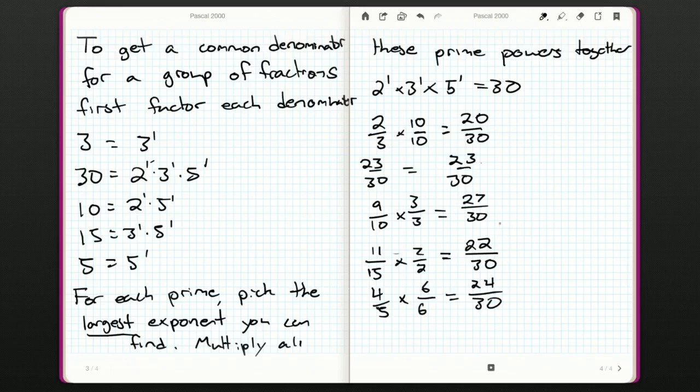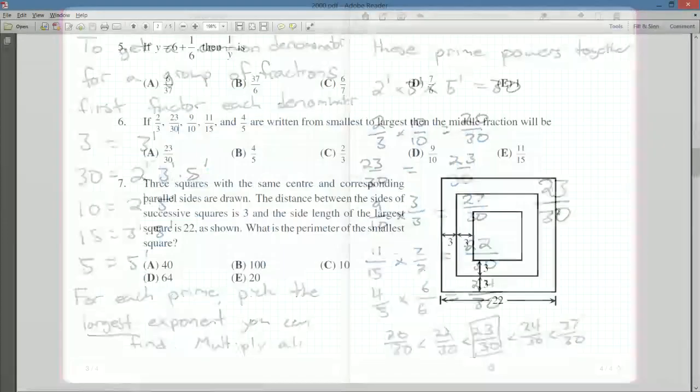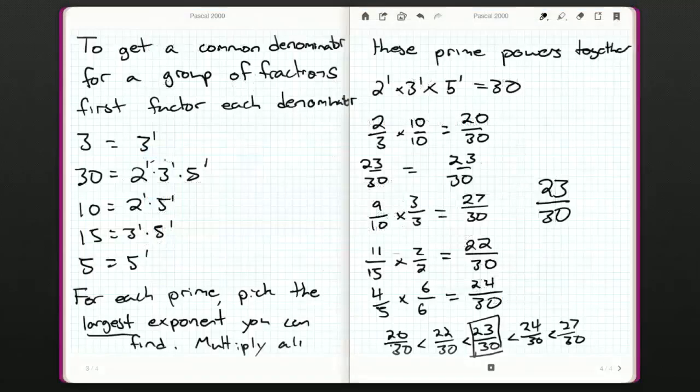Now that we have a common denominator, we can properly order them. 20 over 30 is less than 22 over 30, less than 23 over 30, less than 24 over 30, and 27 over 30. So our middle one is 23 over 30, and I think that was B. No, it was A. So we get an answer of A, 23 over 30.